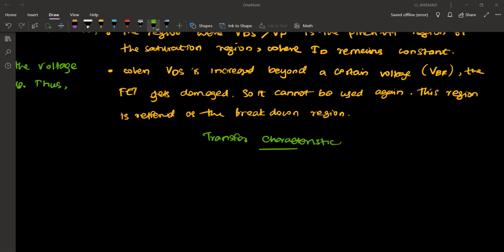Okay. Next, transfer characteristic. Here the transfer characteristic is between ID and VGS.